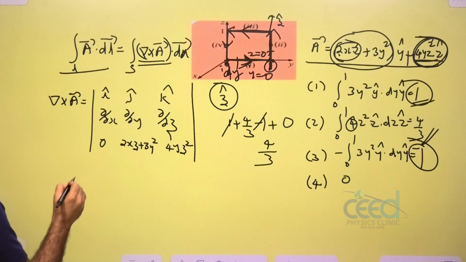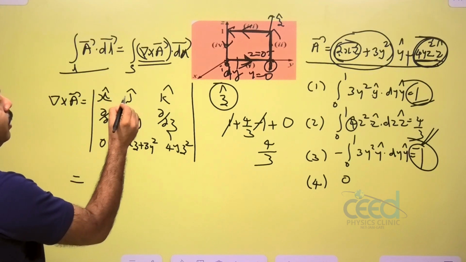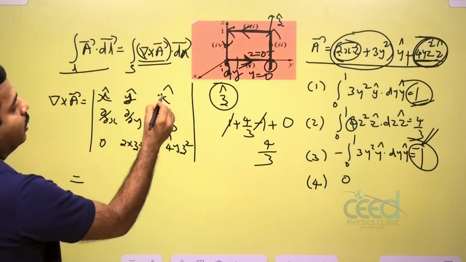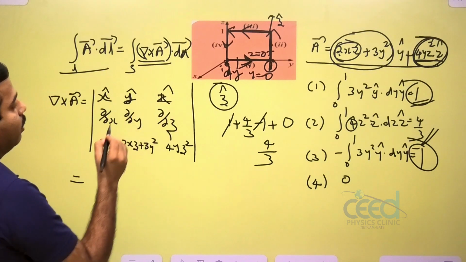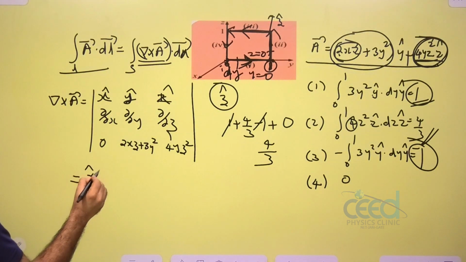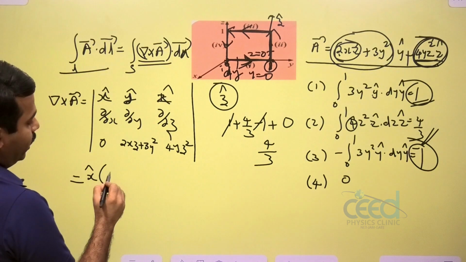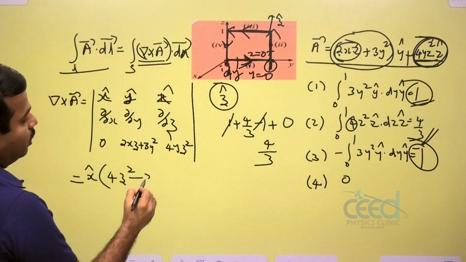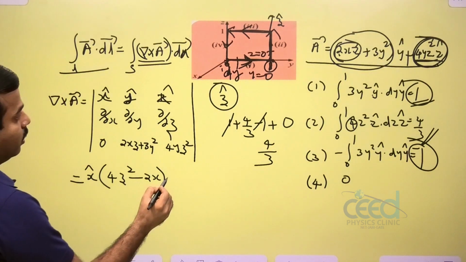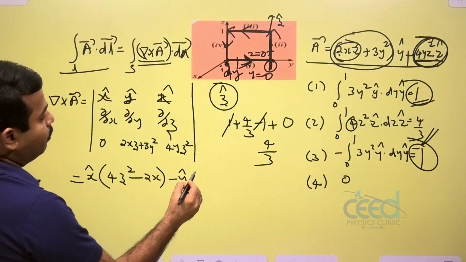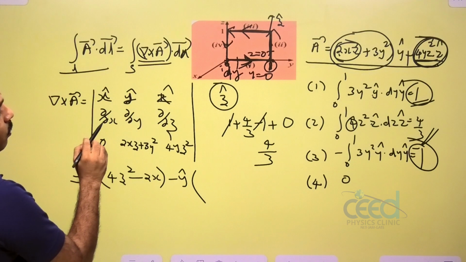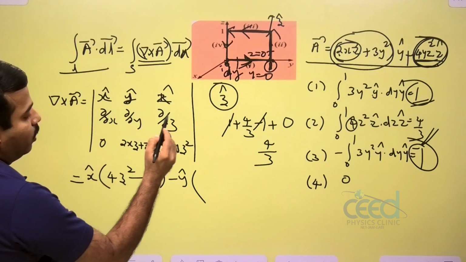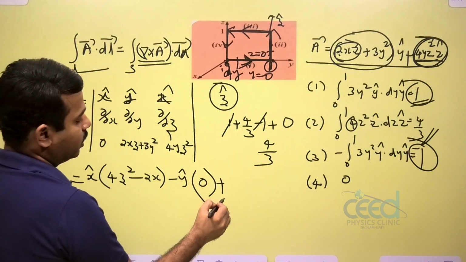Now do this first. Here I am putting x cap, here y cap, here z cap. Then x cap into dou by dou y of 4y z square, which is 4z square, minus dou by dou z of the y component, which is 2x. Minus y cap into dou by dou x of this, which is 0, so the y cap component is not there.